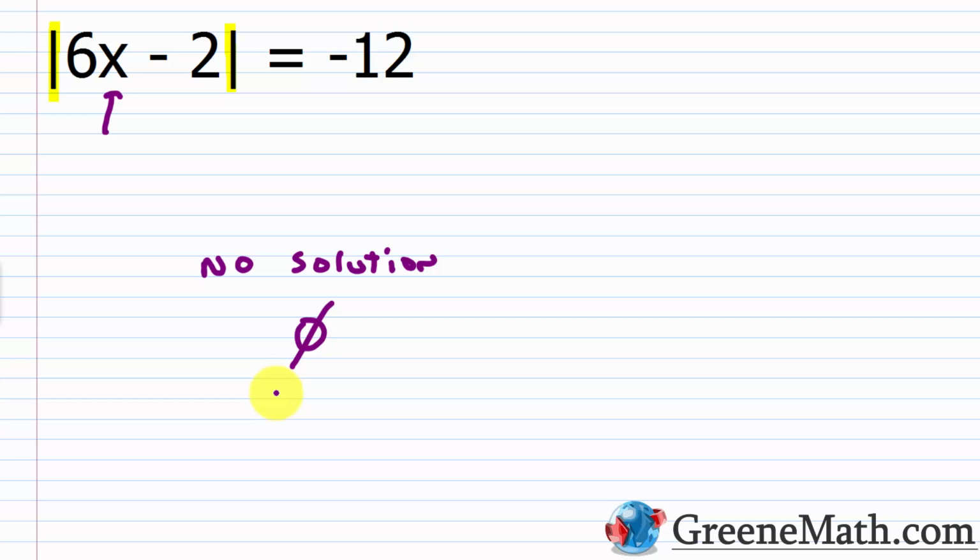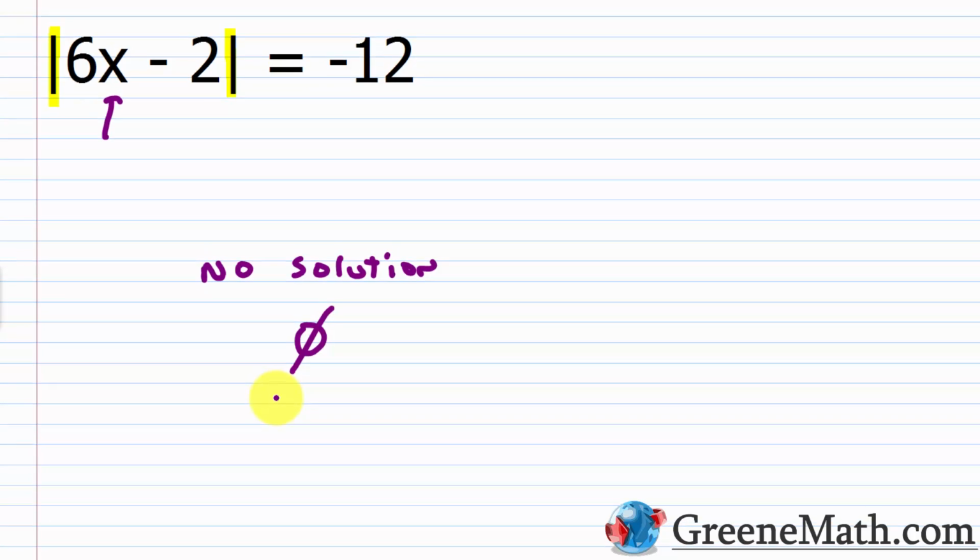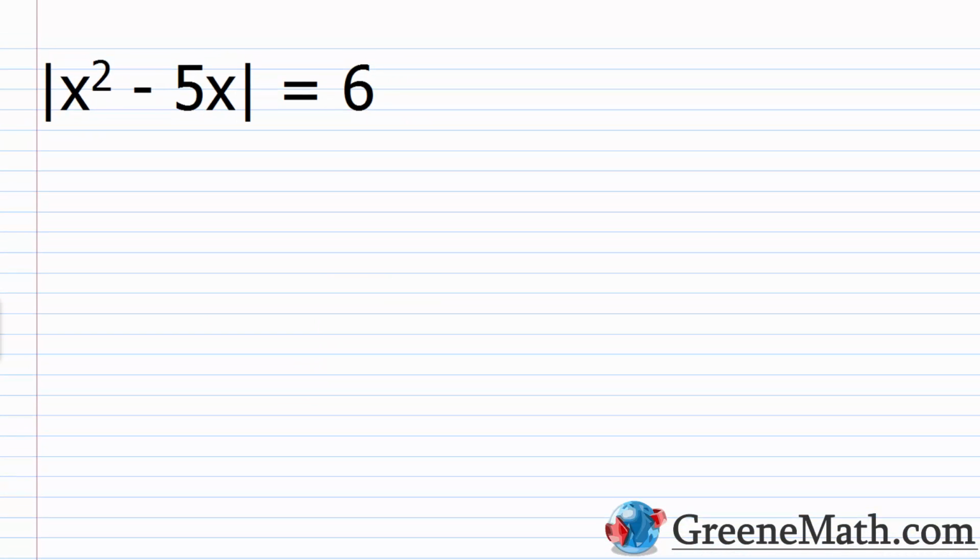All right, so now let's jump in and look at some problems where we have some quadratic expressions involved. So suppose we had the absolute value of x squared minus 5x, and this is set equal to 6. So we have exactly what we talked about earlier. If we had the absolute value of some expression u, and it's set equal to some positive number a, well then u could be a, or u could be the negative of a, okay?